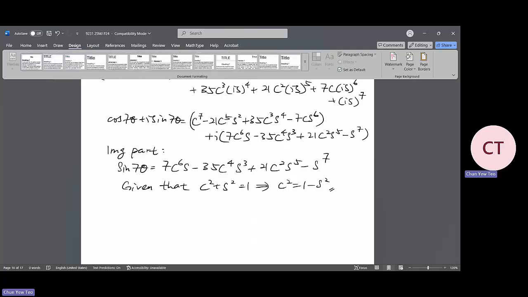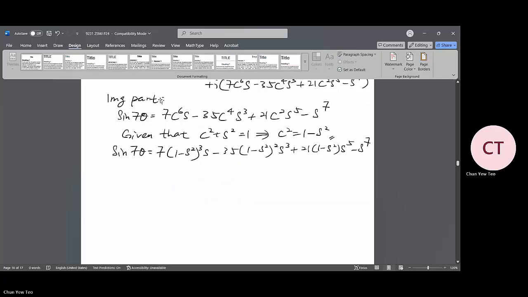So your sine 7 theta is equal to the 7 of the C square cube minus a 35 of the 1 minus S square plus the 21 of 1 minus S squared S power 5 minus the S power 7. So we just need to expand them carefully.